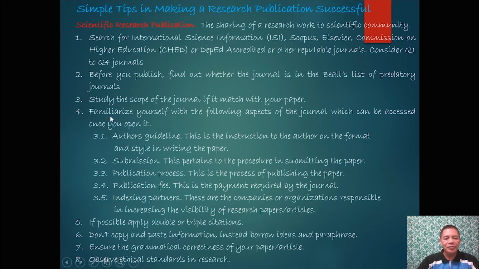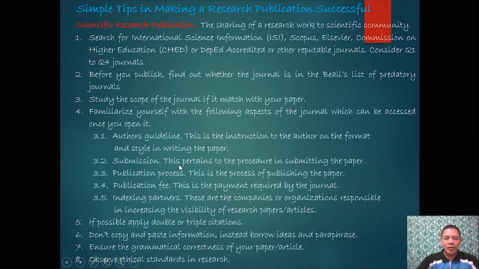Tip number 4, familiarize yourself with the following aspects of the journal, which can be accessed once you open it. Author's guidelines. This is the instruction to the author on the format and the style in writing the paper, and you must abide by their guidelines in order that your paper will be accepted.